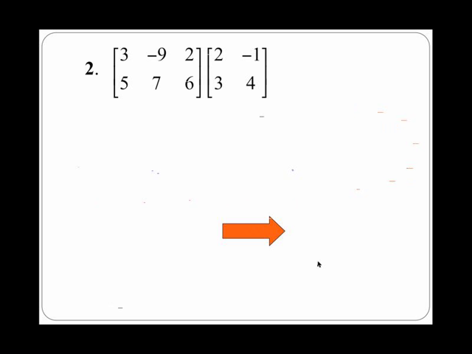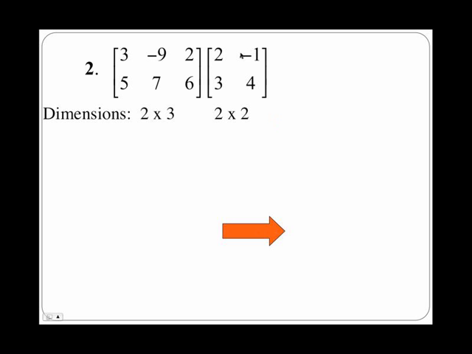Now, if you'd like to do this on your own, feel free. Thankfully, the negative numbers showed up in this one. But when we multiply this, we look at the dimensions. So the dimensions of this one are 2 by 3 and 2 by 2. So the number of columns in this one is 3, and the number of rows in this one is 2.